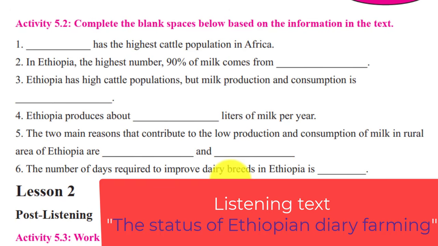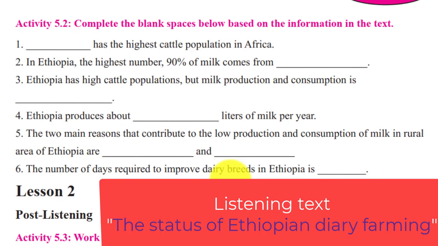They supply milk to consumers in major urban centers, mainly through the informal market, though some is also sold to processing plants. But because this system uses such a tiny proportion of the dairy cattle population, milk supply is low.